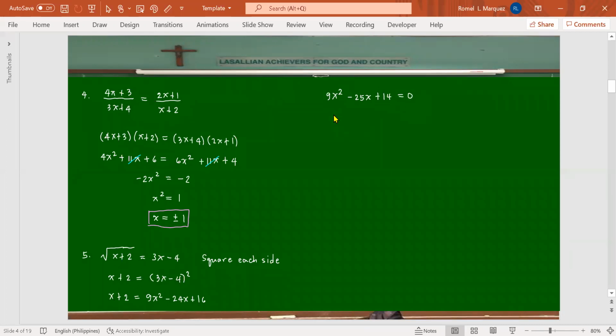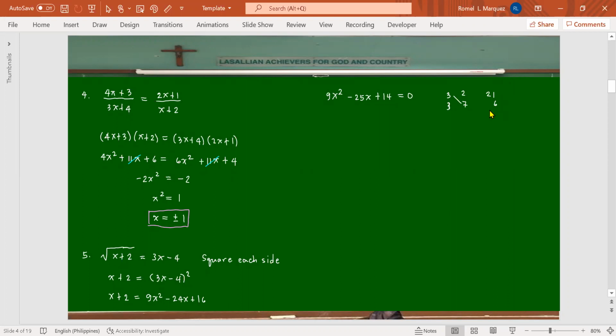Okay? Is this factorable? Because if not, we're going to solve it by completing the square or by the quadratic formula. Let's see. 9 possible, 3, 1. We want to get 25, no? So 7, I think here, and 2 here. So this is 21, and then 6.